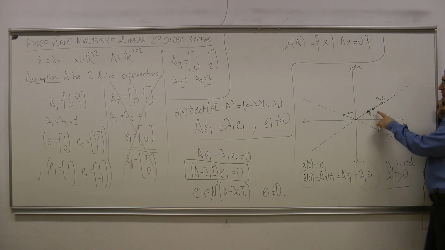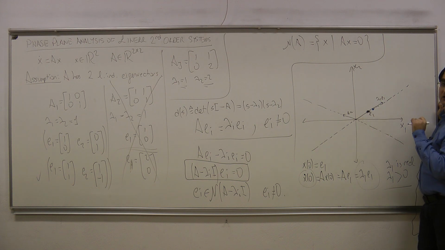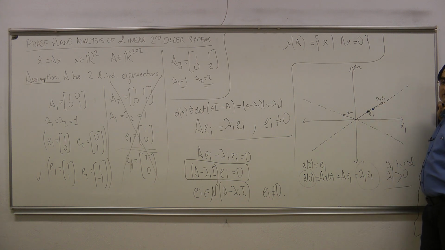But this new point has to be always on this line where the eigenvector lives. So the trajectory of the state can never leave this line, because the velocity is always going to point the trajectory to remain on this line.